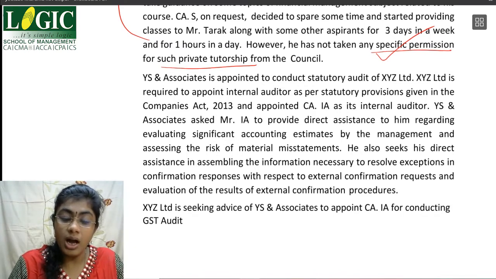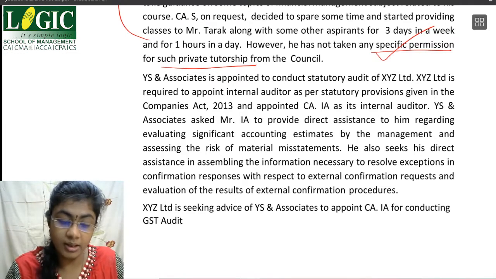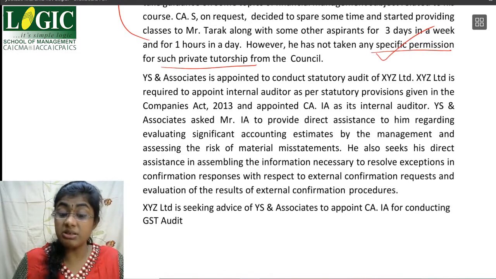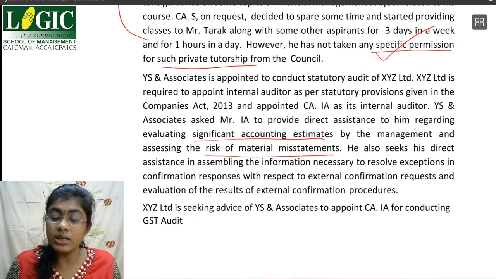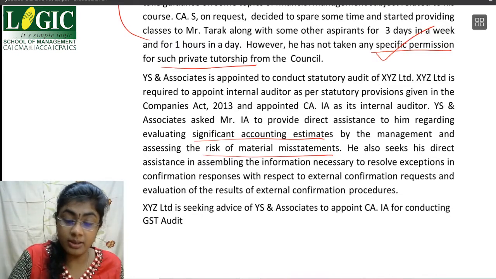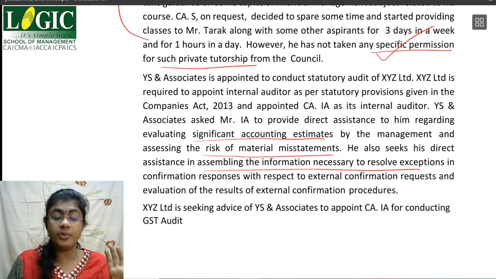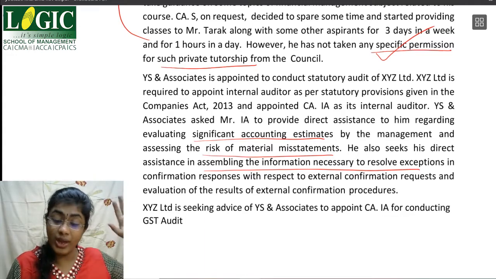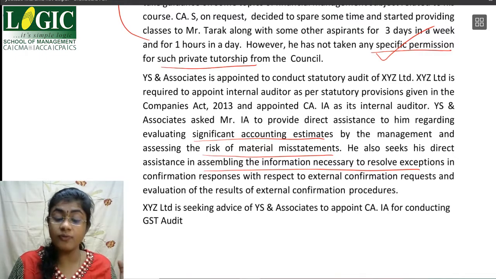YS Associate asked Mr. IA to provide direct assistance to him regarding evaluating significant accounting estimates by the management and assessing the risk of material misstatement. He also asked for his direct assistance in assembling the information necessary to resolve exceptions in confirmation responses with respect to external confirmation requests and evaluation of results of external confirmation procedures.